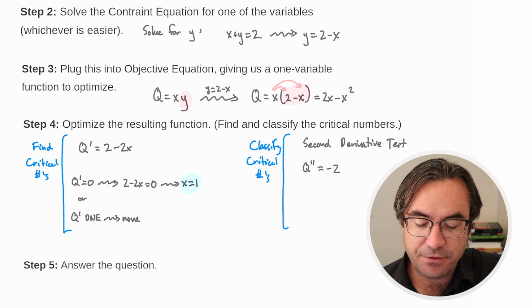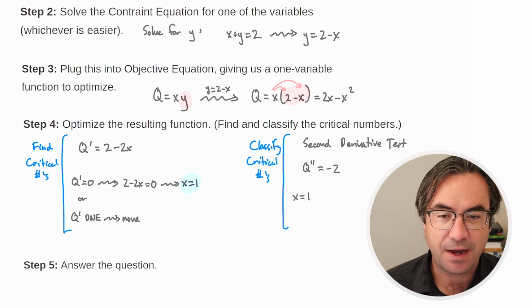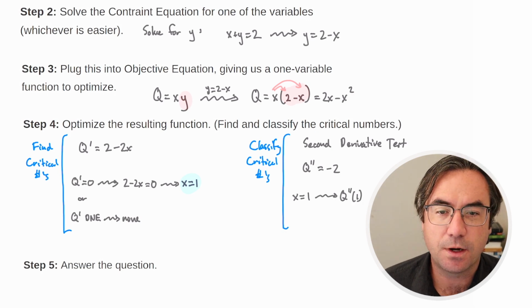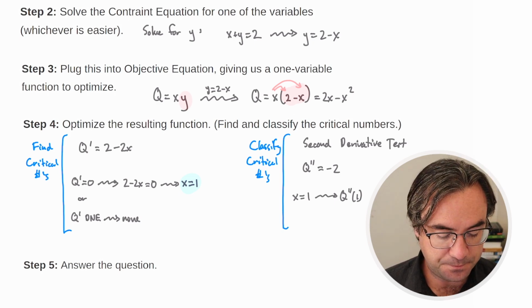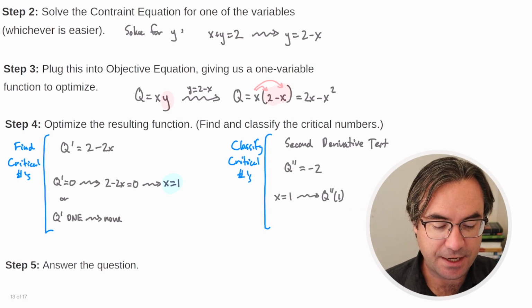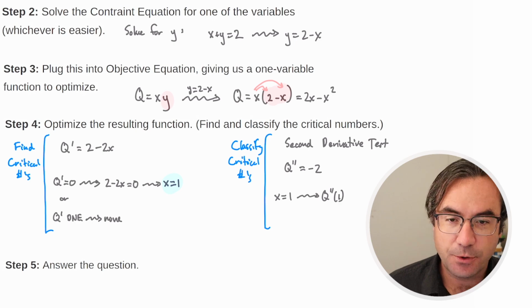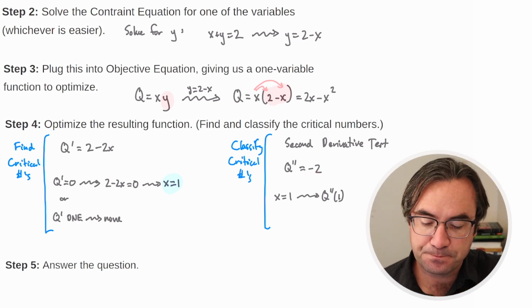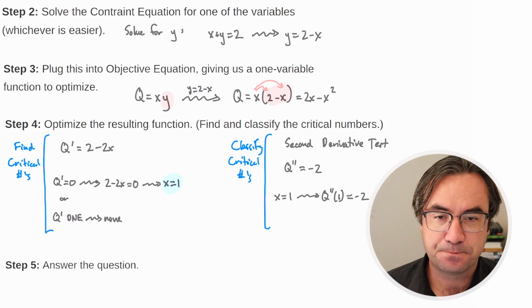So the way our second derivative test works is we take the critical number that we want to classify and we plug it in to our second derivative. So we're plugging x equals 1 into this second derivative. And the way this second derivative works, well, it's always constant. So no matter what you plug into this, you always get out -2. So it's -2.